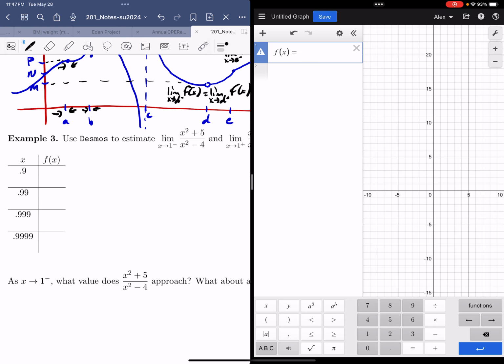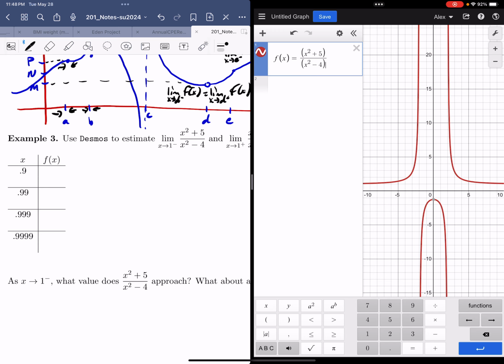I'm going to define f of x equal to x squared plus 5 divided by x squared minus 4. We have to be a little careful here, so let's use parentheses: x squared plus 5 divided by x squared minus 4.